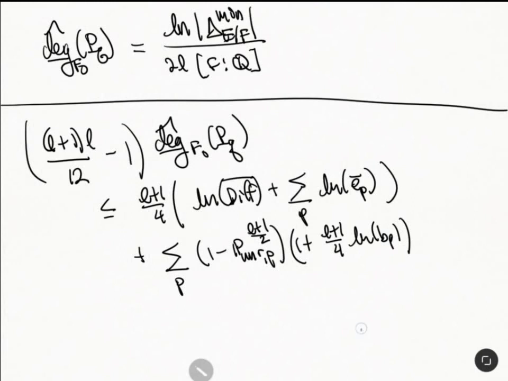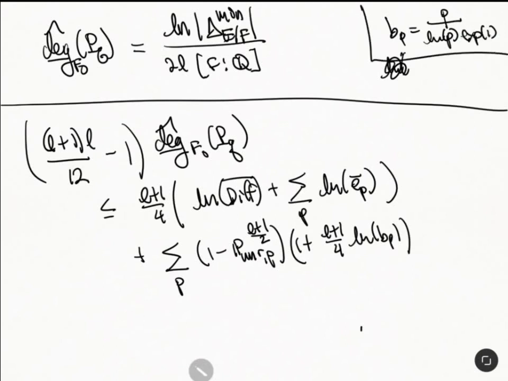Okay, so this is a very nice formula as well. Here, ln BP, so BP is P, so this is for P not equal to 2. We're assuming that P not equal to 2 is not ramified in this expression.